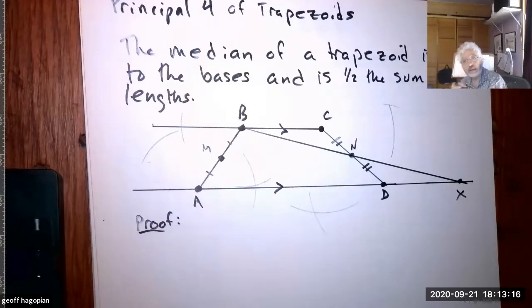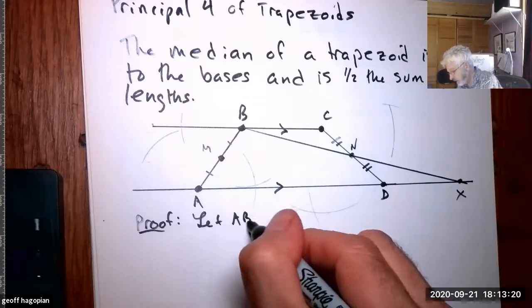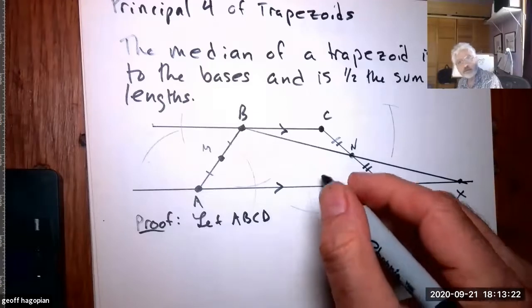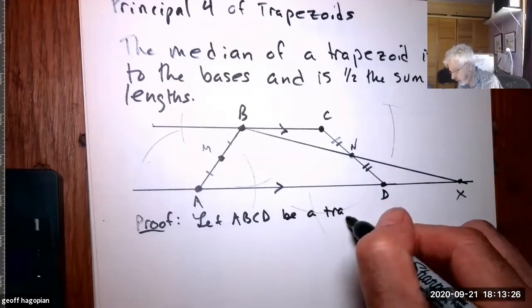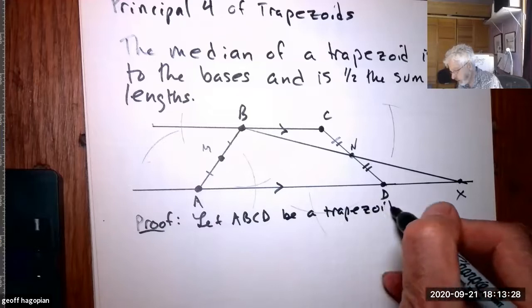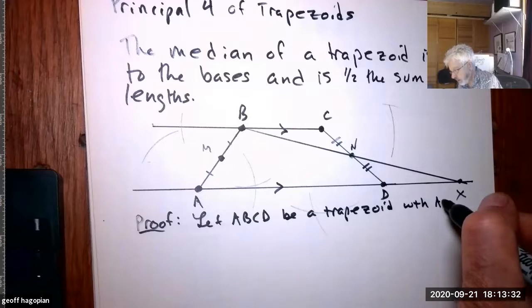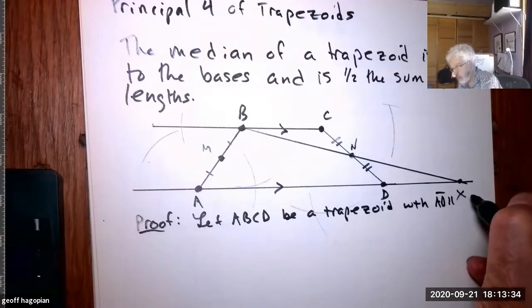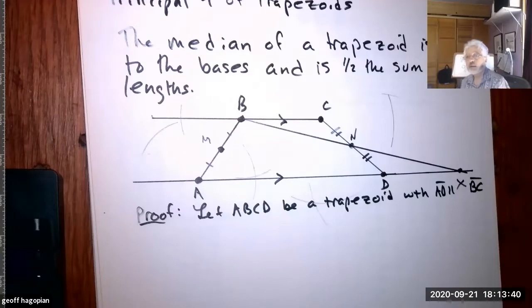So I can say, let A, B, C, D be a trapezoid with, let's see, AD parallel to, oh, kind of ran into my X here, didn't I? BC. All right.